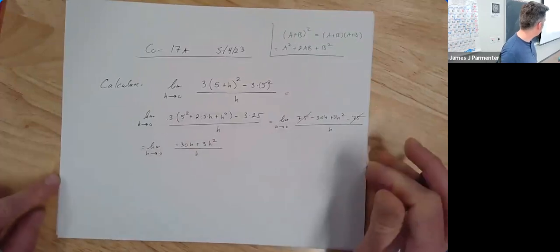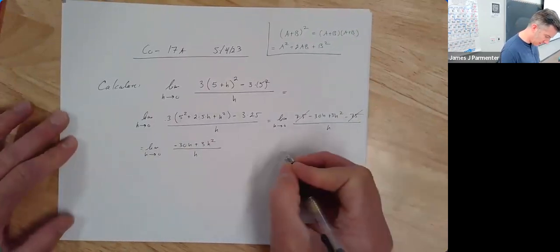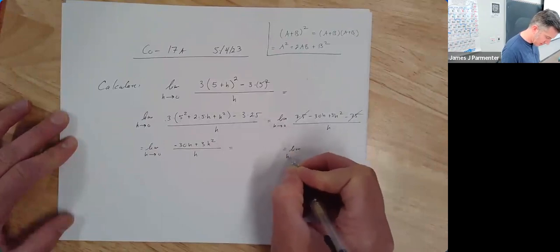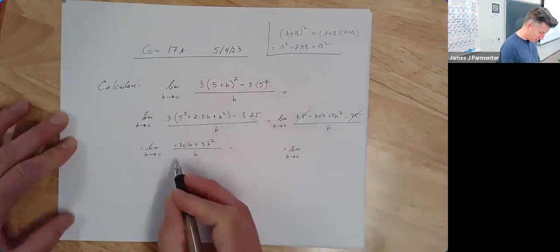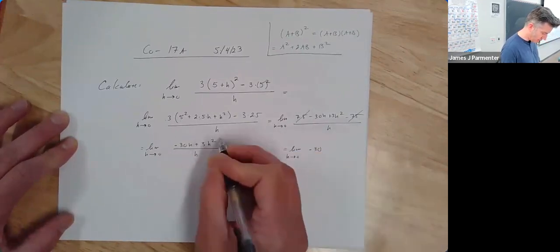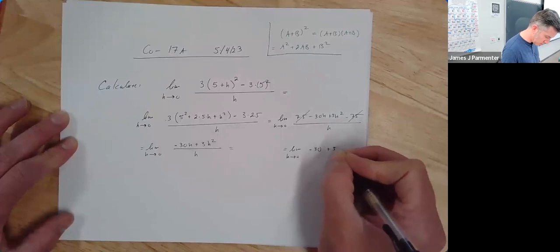A couple different ways to go here. Some people just like to divide each thing by h. 30h divided by h is 30, and 3h squared divided by h is just 3h.